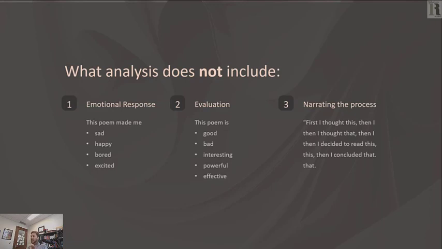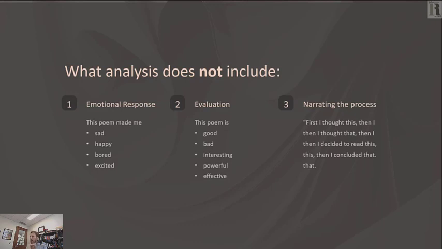The third thing that is not a part of analysis is what I call narrating the process. This is where you write about your process of writing the text, where you're like, when I first read this, I felt this, and I liked it, I didn't like that, and then I decided that I should take a closer look at blah, blah, blah. First I thought this, then I thought that, then I decided to read this. I think you would be best served to eliminate this from any literary, critical, analytical paper.